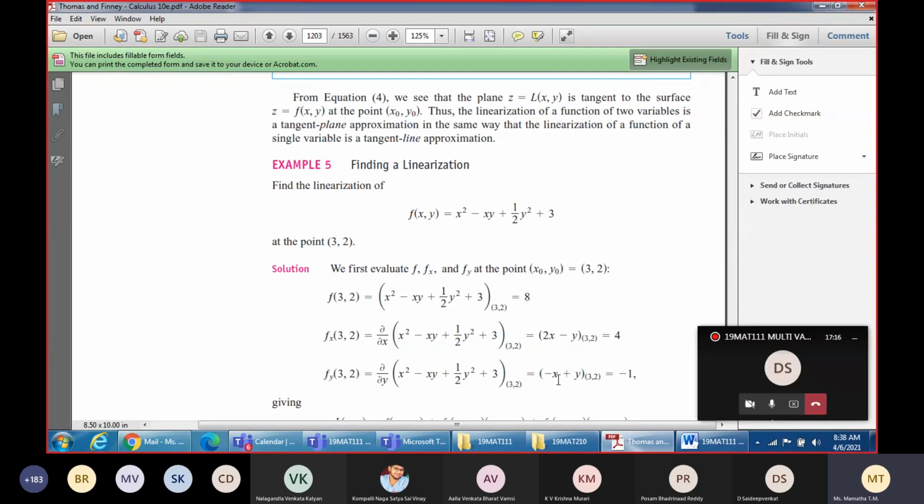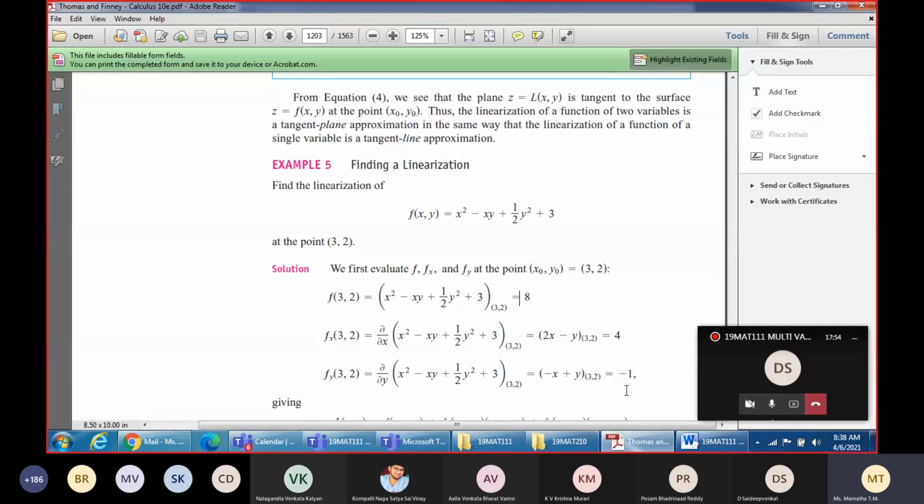You substitute and get f of 3 comma 2 as 8. The dou f by dou x derivative we found is 2x minus y. Substituting x and y as 3 and 2, you get the value of dou f by dou x as 4. Similarly, dou f by dou y derivative is minus x plus y. Substituting x as 3 and y as 2, you get the value of dou f by dou y as minus 1.